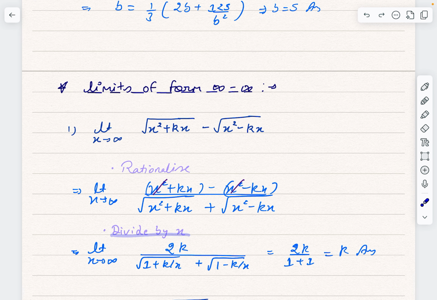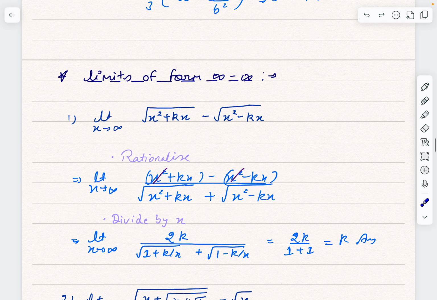We divide by x. In the numerator you get 2k, in the denominator you get root of 1 plus k by x plus root of 1 minus k by x. And when x tends to infinity, this will be 0, this will also be 0, so you get 2k by 2, which will be k. I hope it is clear, guys. So next time you see this kind of problem, just rationalize.